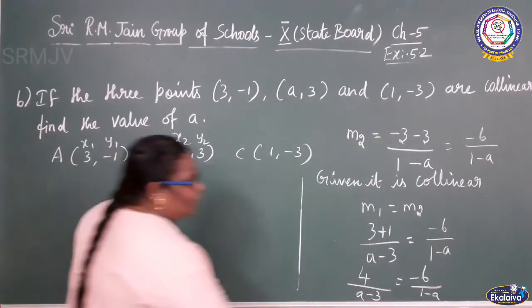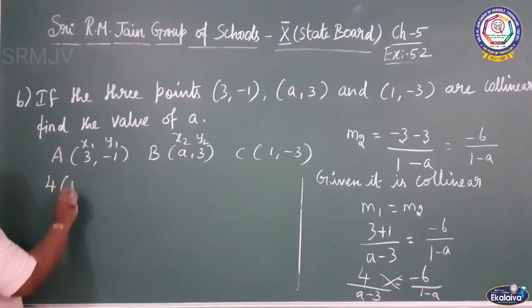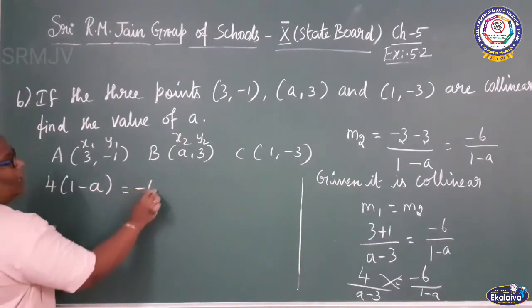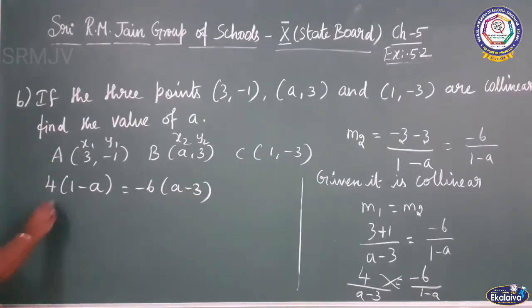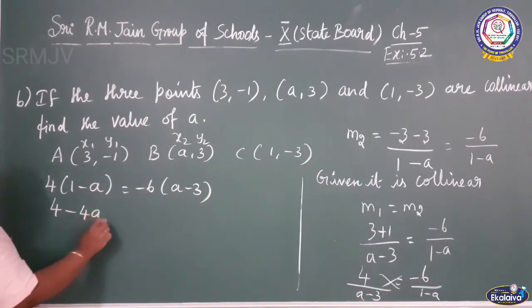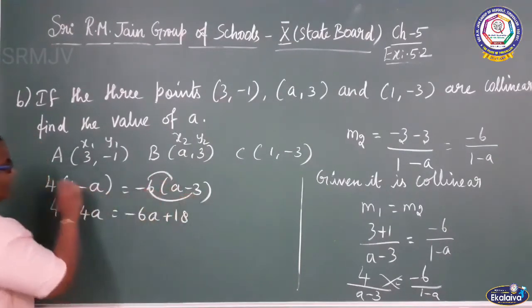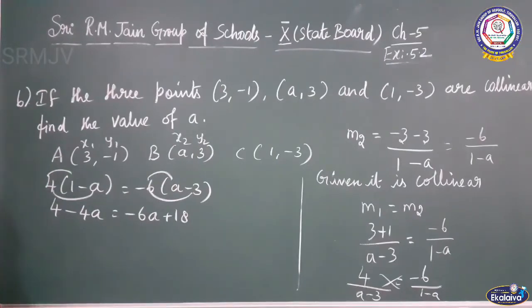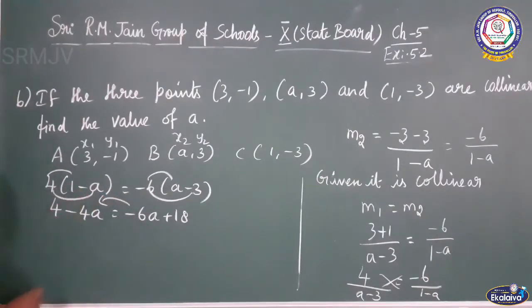Do the cross multiplication. 4 into 1 minus A equals minus 6 into A minus 3. So 4 minus 4A equals minus 6A plus 18. You bring that 6A to the left hand side.